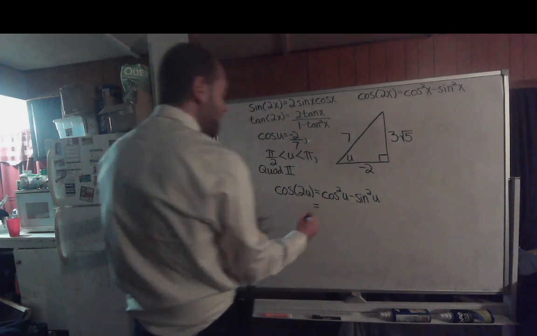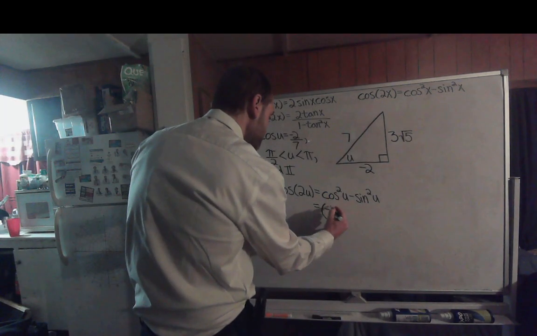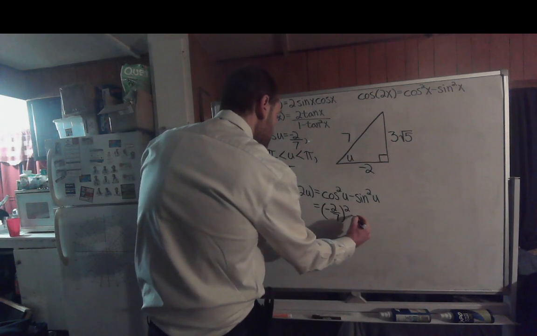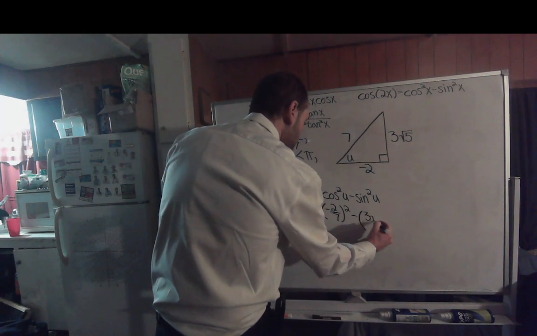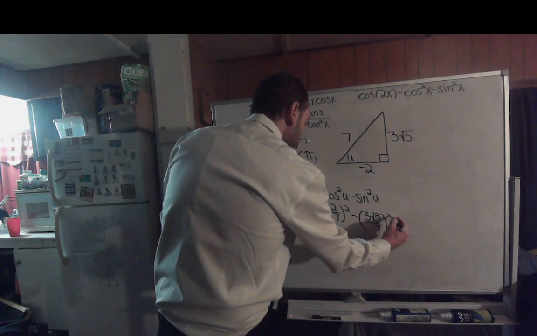Now let's input our values. What's the cosine of u? That's negative 2/7, but we need to raise that to the second power. Then minus, what's the sine of u? That's 3 times the square root of 5 over 7, but we have to raise that to the second power.